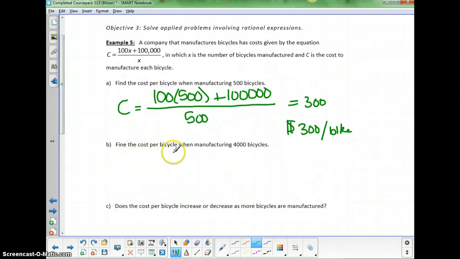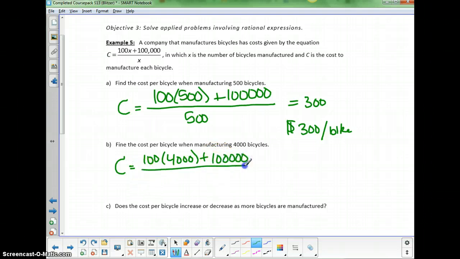Part B, let's find the cost for manufacturing 4,000 bicycles. So the cost is 100 times 4,000 plus 100,000 divided by 4,000. Let's plug that in.